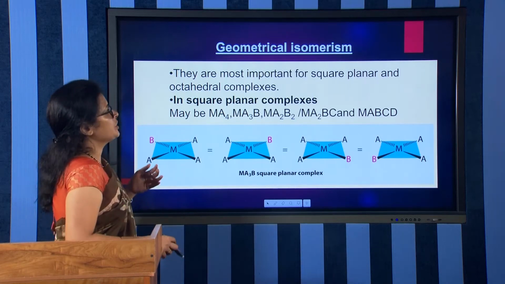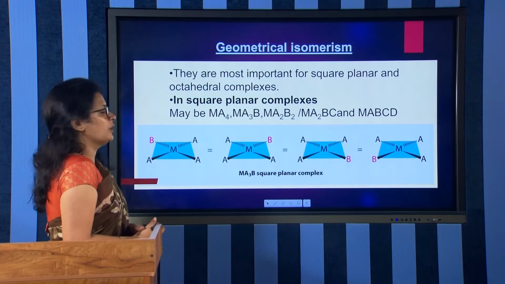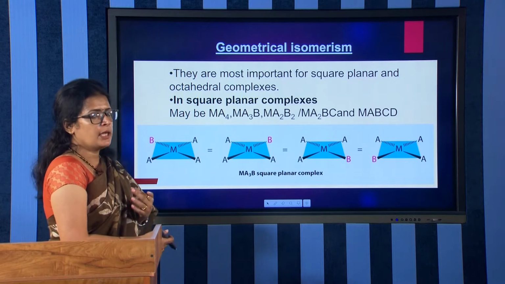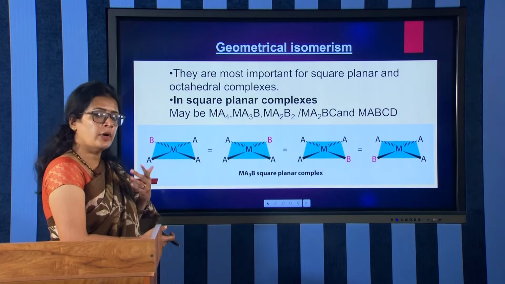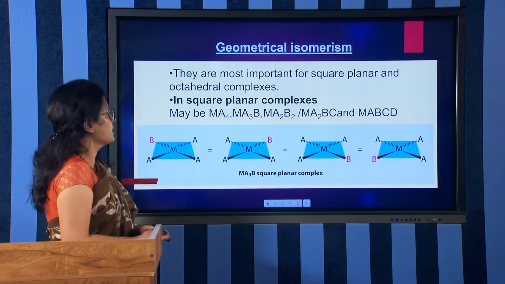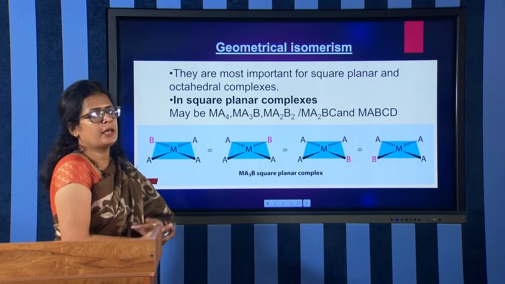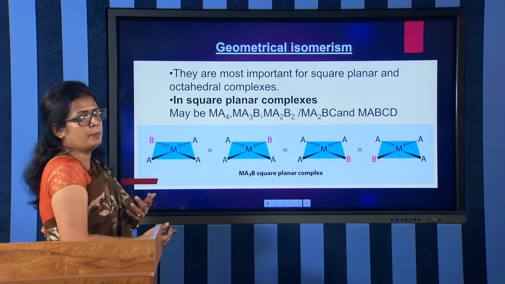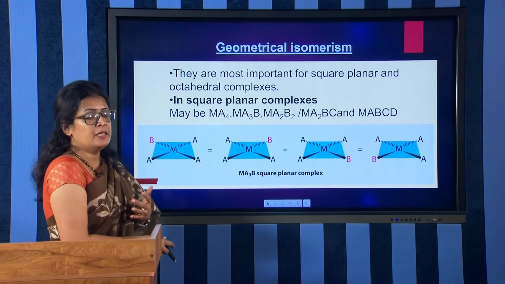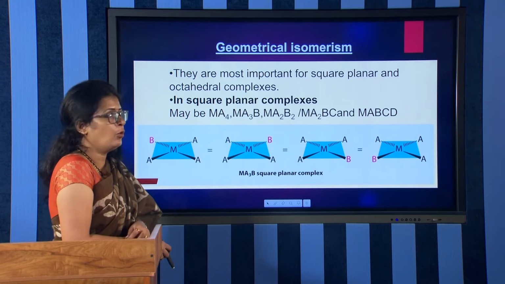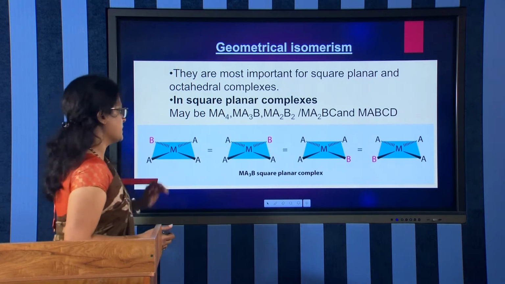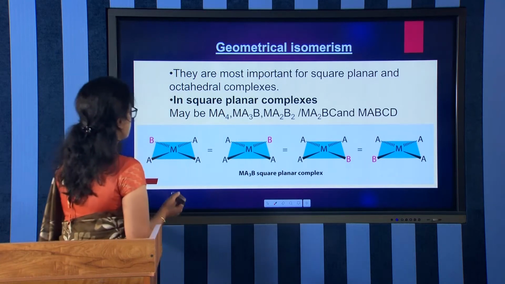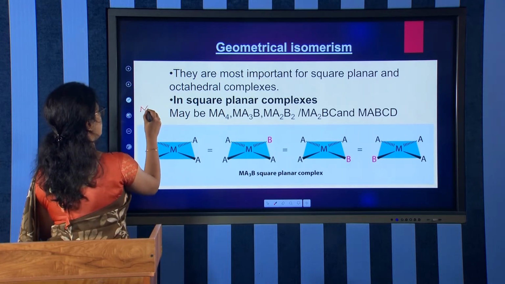They are most important for square planar and octahedral complexes. This type of isomerism is mainly discussed with regard to square planar and octahedral complexes. First we will start with the square planar complex. Square planar complexes can be generally represented as MA4 type, where M is the central metal atom.